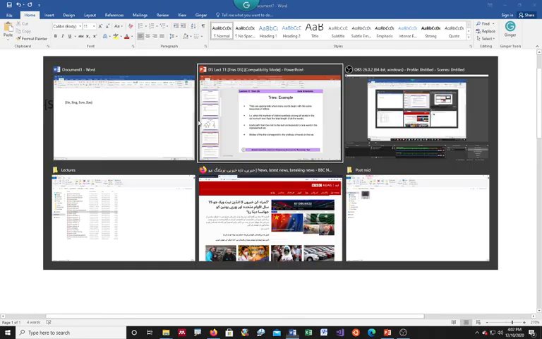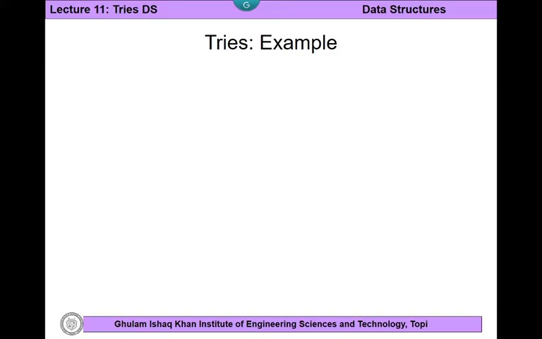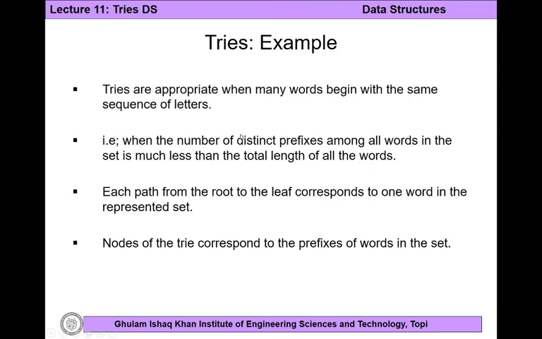Now let us go back to the slide just to make sure I did not miss anything. Tries are appropriate when many words begin with the same sequence of letters, because you end up conserving a lot of space due to that. So when the number of distinct prefixes among all words in the set is much less than the total length of all the words.